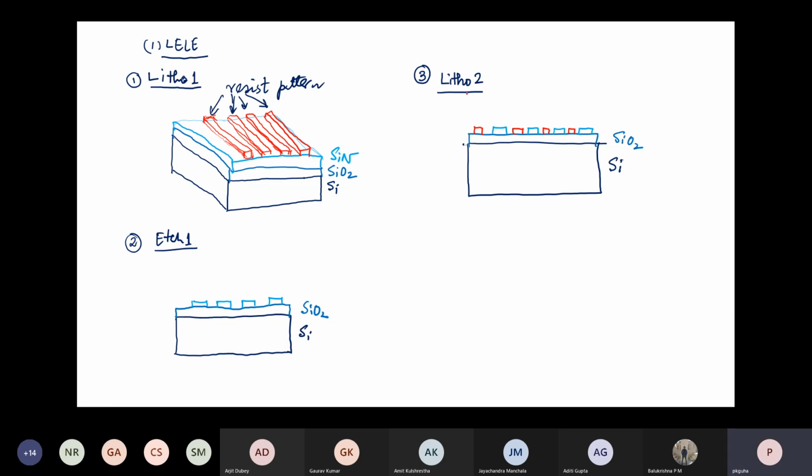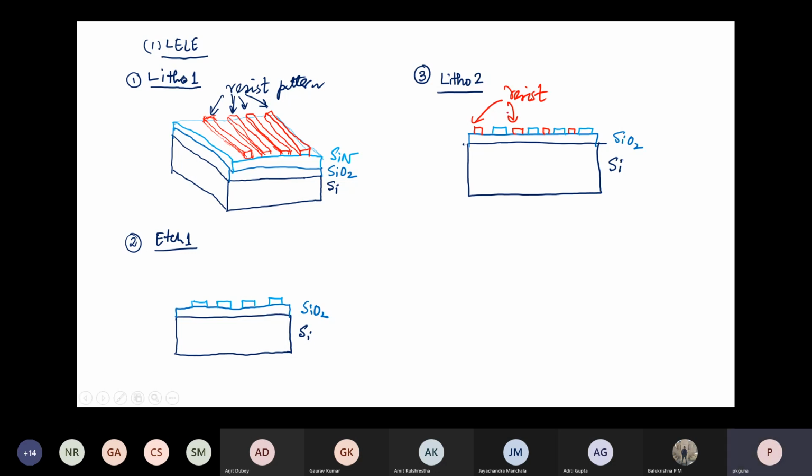So I have a second litho step, which gives me this resist. I have deposited resist and written a pattern on it.